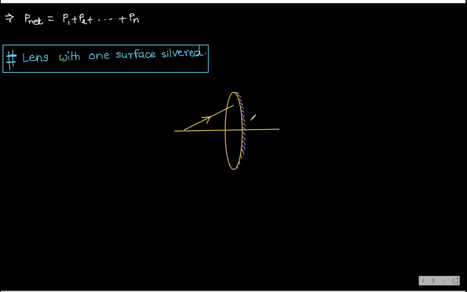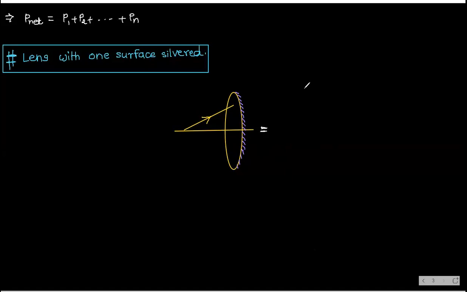See, a lens and one part of it is silvered, right? Okay. So how to do this? See, first I will explain what happens inside the lens when such a thing is there. See how the ray bends and all.